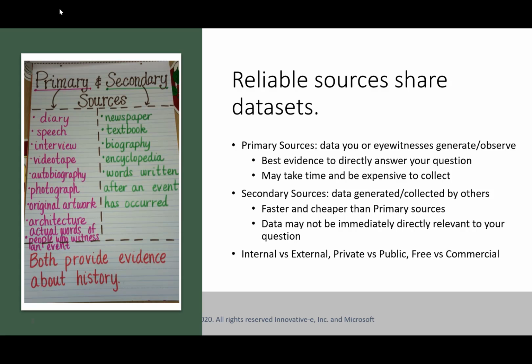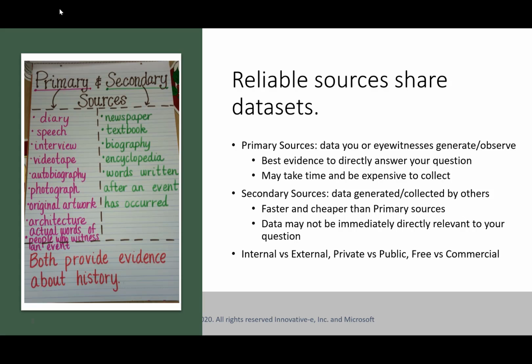They may take time to collect. You may do surveys, for instance, that will require time to ask people questions and collate the answers, and they may be expensive to collect, requiring some significant resources, at the very least, the resource of time.